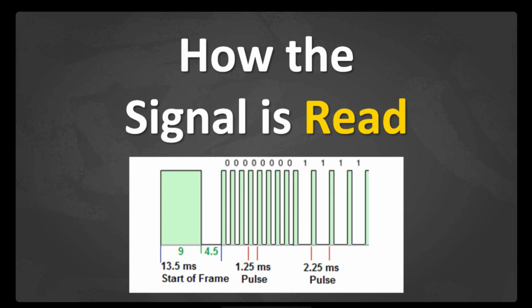That amount of time is what determines what you're trying to tell the receiver. If it's a short span, 1.25 milliseconds on the picture, that's a 0. If it's a 2.25 millisecond pulse, that's a 1. Zeros are a short press, 1 is a long. Does that make sense?